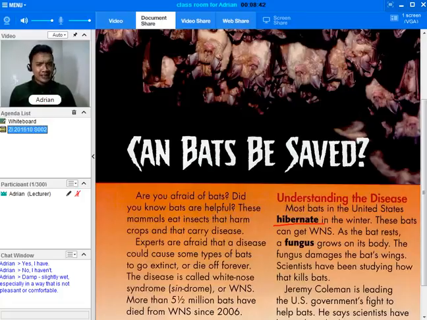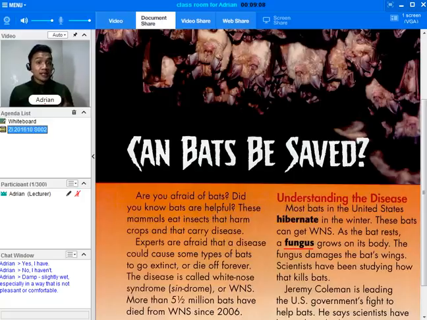And when the bats sleep, there is a fungus that grows on its body. And since the bat is resting or sleeping, the fungus damages the body of the bats. That is why they die, right?